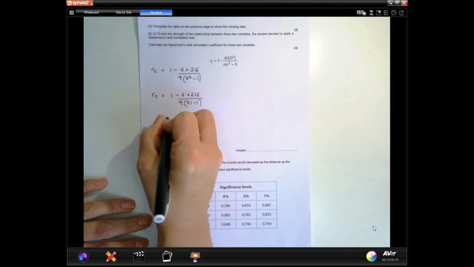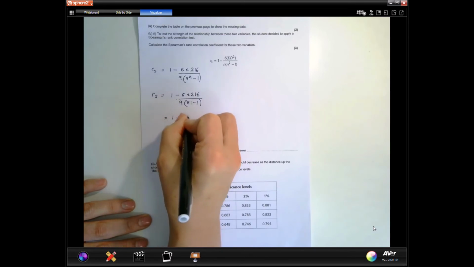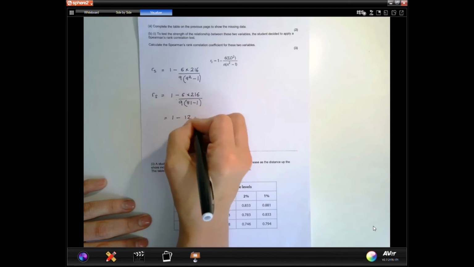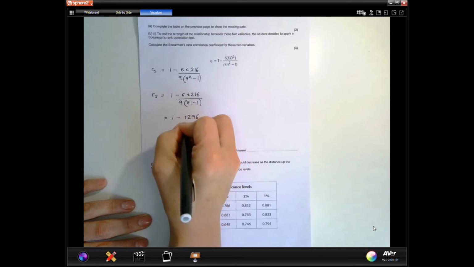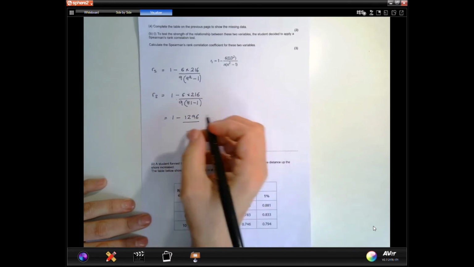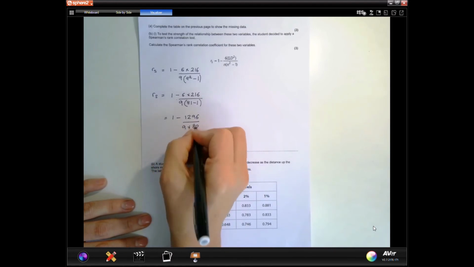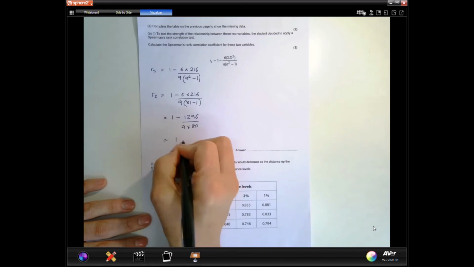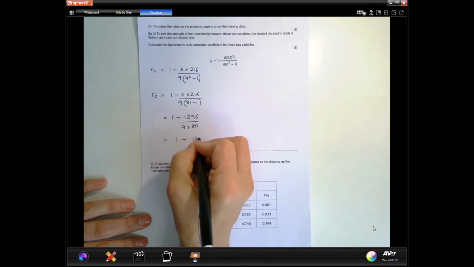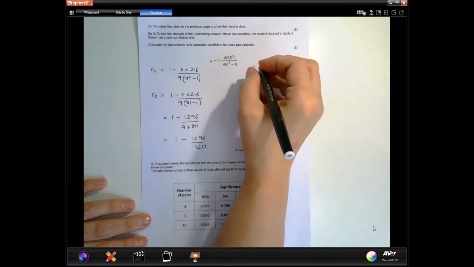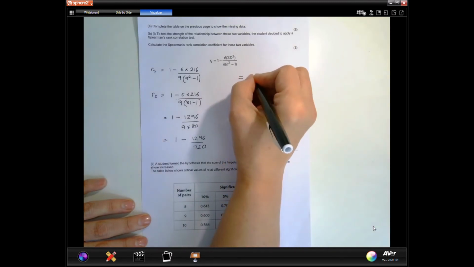Next step, 1 minus 6 times 216, which comes out to be 1296, divided by 9 times 80, which equals 1 minus 1296 divided by 720.